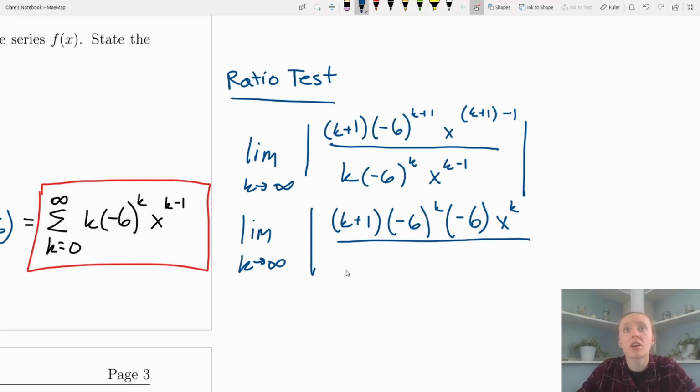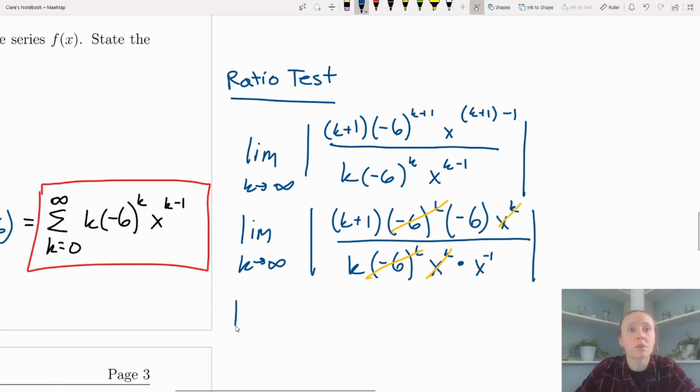And that'll be all over k times -6 to the k times, I'll break up this x to the k minus 1 as x to the k times x to the -1. And we're taking the absolute value of that. You can see that -6 to the k cancels out, -6 to the k cancels out, x to the k, and x to the k.